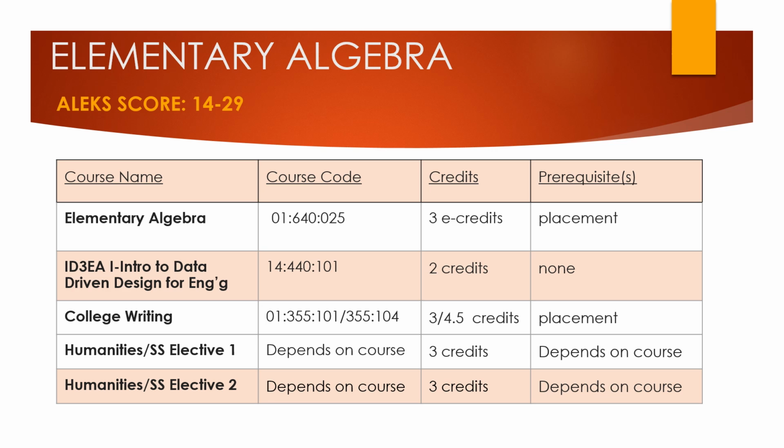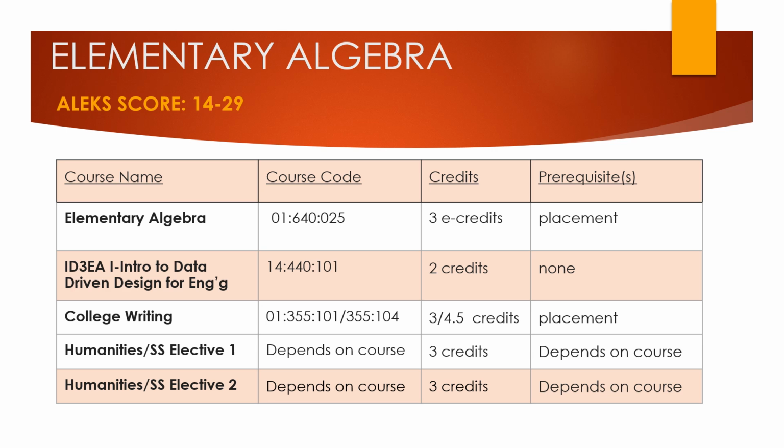The first 2 digits are the school. 01 is SAS, the School of Arts and Sciences. 14 would be engineering.